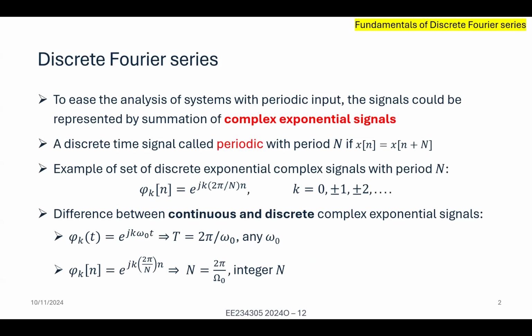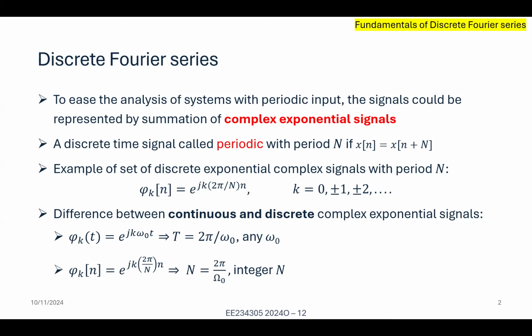The basic idea of having the discrete Fourier series is to ease the analysis of systems with periodic inputs, where the signal could be represented by the summation of complex exponential signals.